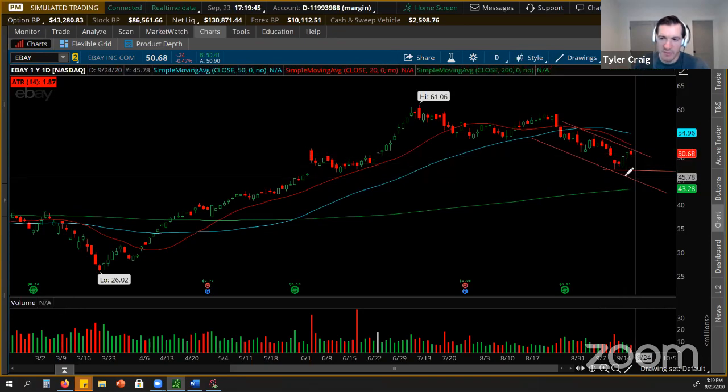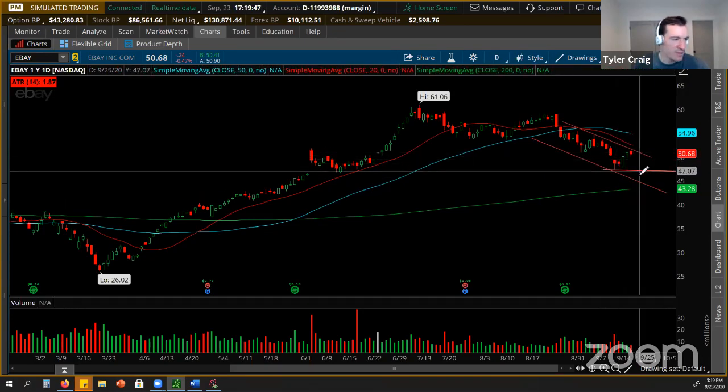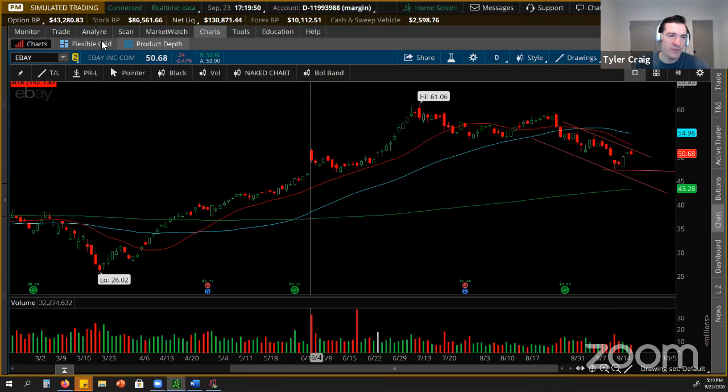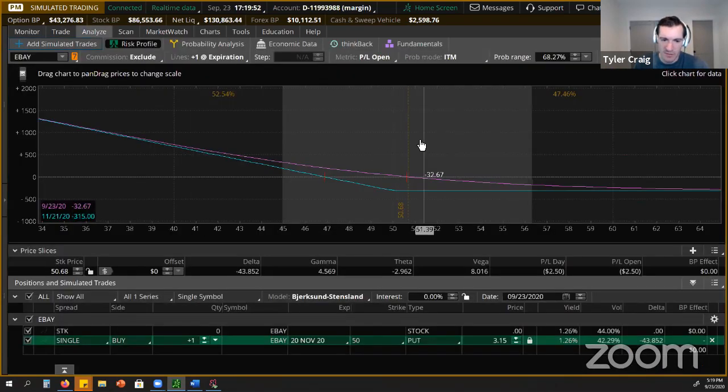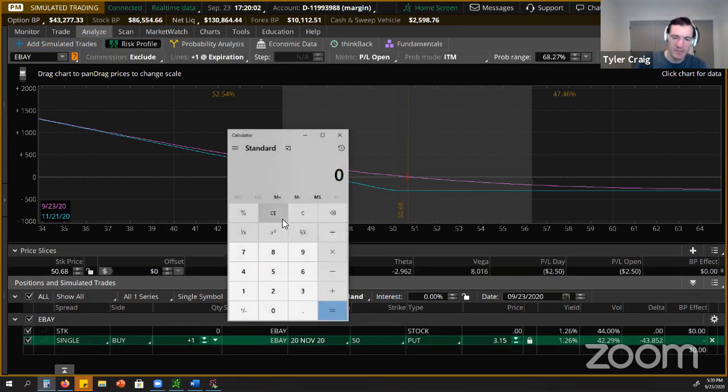If it goes back down to its old swing low, it drops to 47. Well, what would your profit be if this thing went down to 47? If it got there quickly, you're up $190. Okay, what kind of an ROI is that? If you make $190 on $3.15, it's a 60% return.